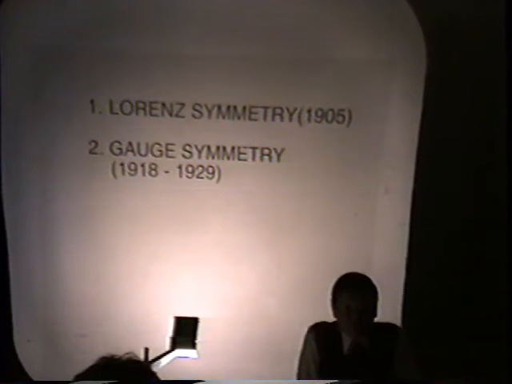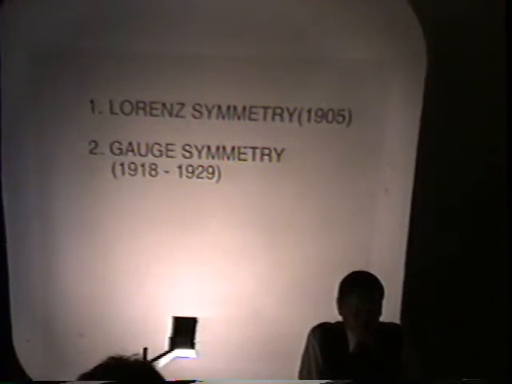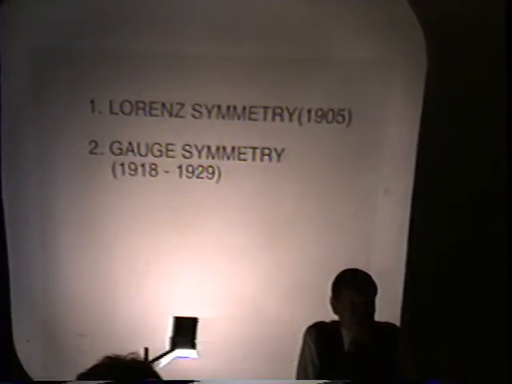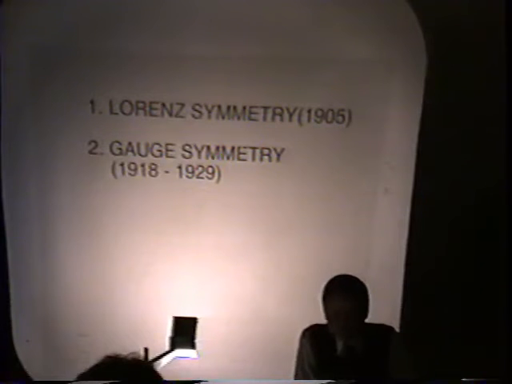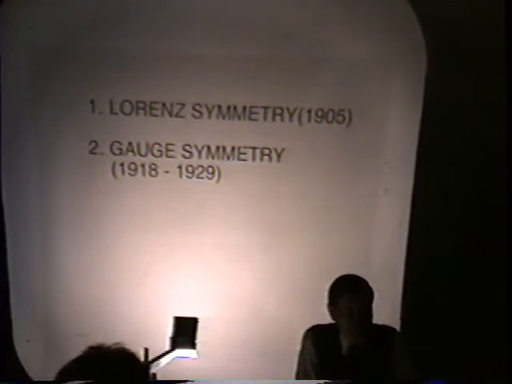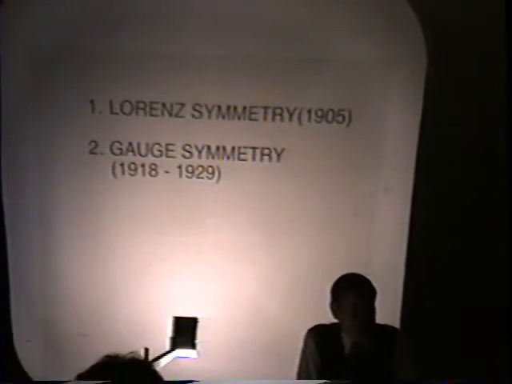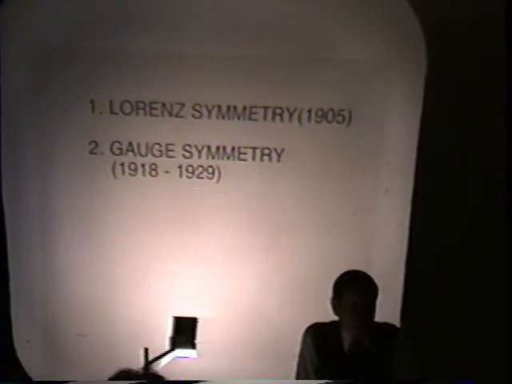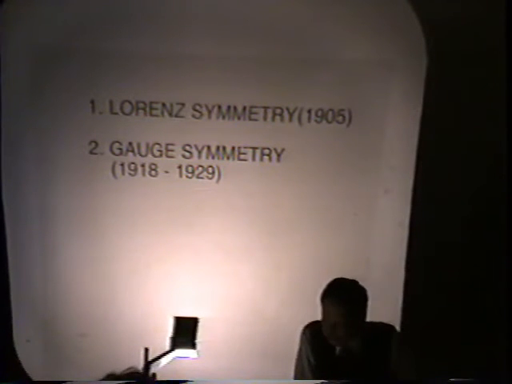The history was something like this. The mathematical expression for the transformations that left Maxwell's equations unchanged was due to Lorentz. But Lorentz did not understand the meaning of it. And it was Einstein who pointed out the meaning of it.